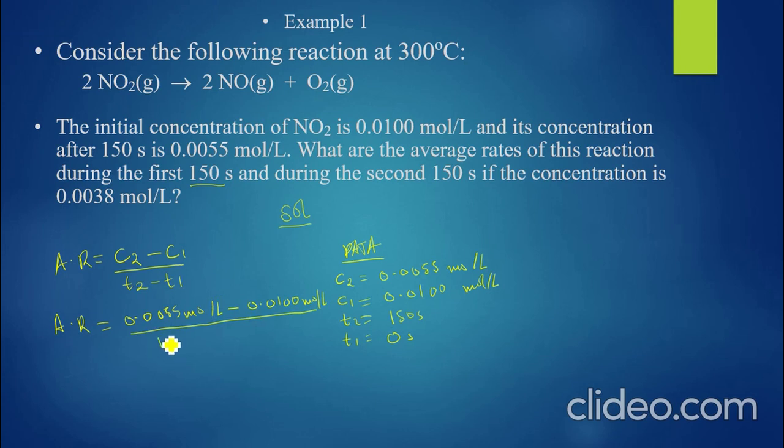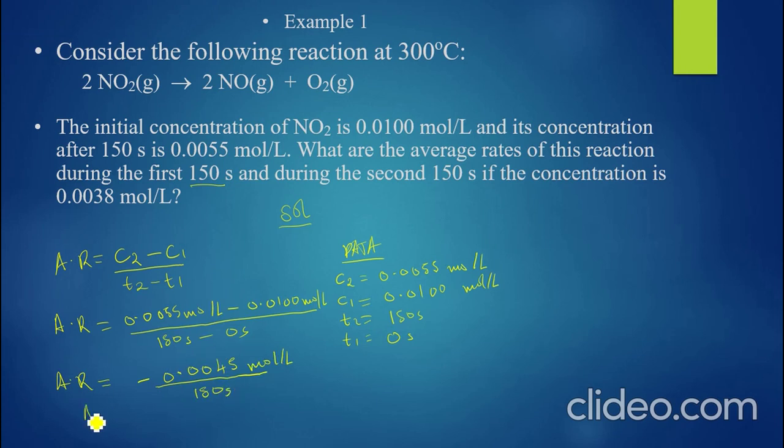Our T2 is 150 seconds minus 0 seconds. When you subtract that, you're going to get negative 0.0045 mole per liter over 150, because 150 minus 0 is 150.